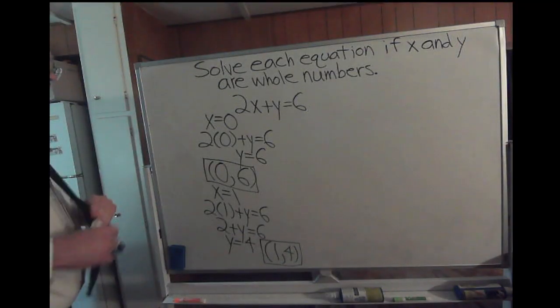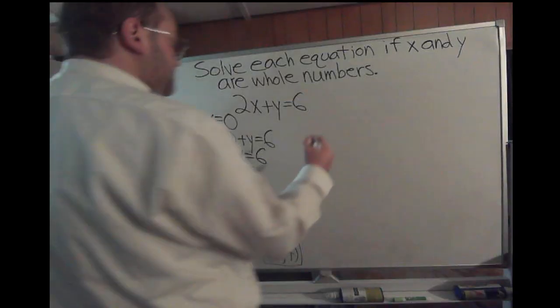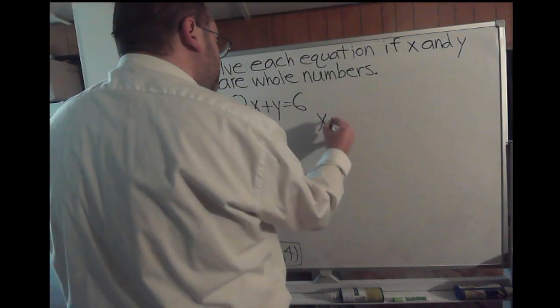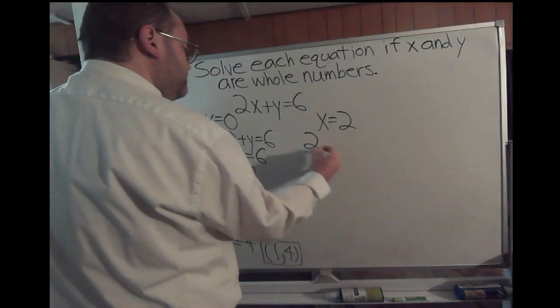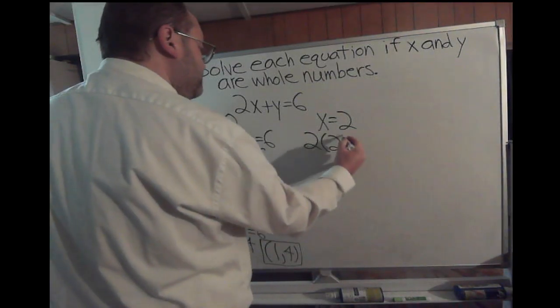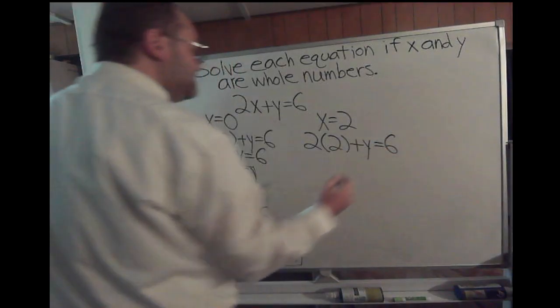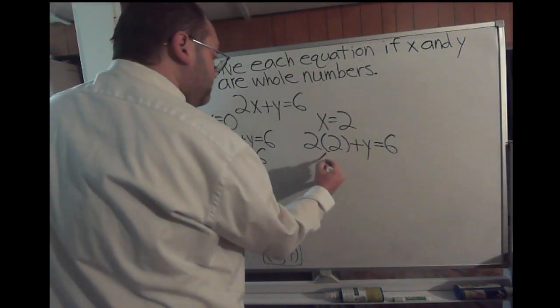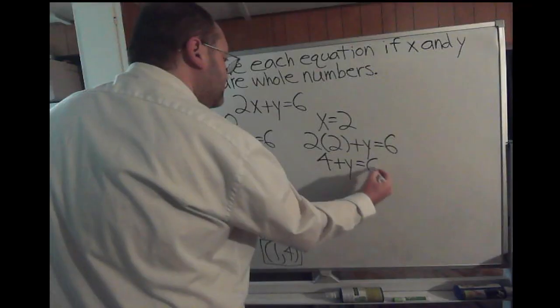What else? Let's say x equals 2. So you'll take 2 times your x coordinate of 2 plus y, because we don't know what y is yet, set that equal to 6. 2 times 2, well, that's 4, plus y equals 6.